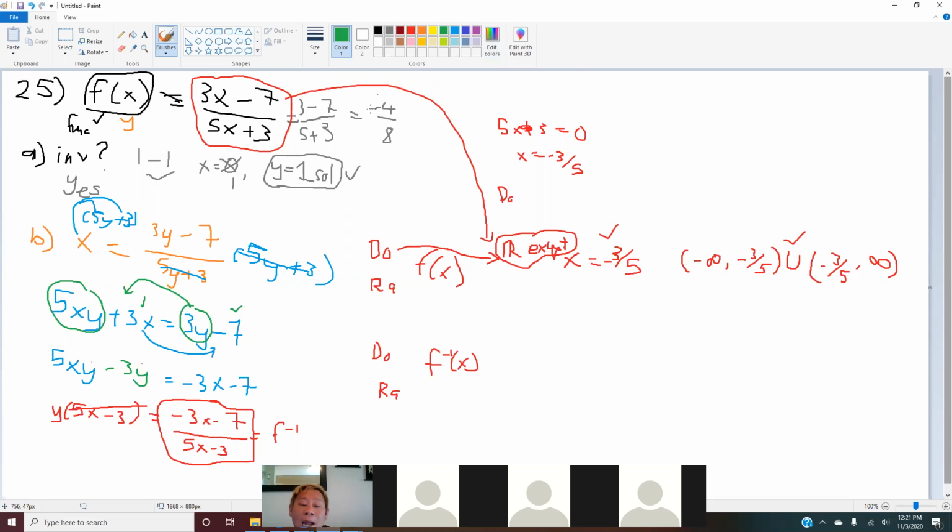Okay. The next thing we're going to figure out is the domain of the inverse function, because we got the inverse function already from what we did in part B. The same thing happens here: you set your denominator equal to 0. Can someone tell me what x is in this case?